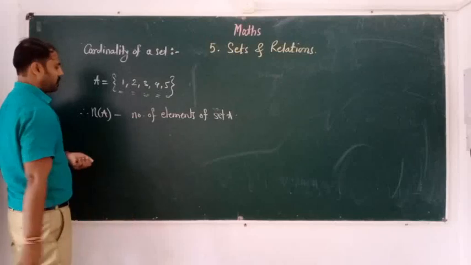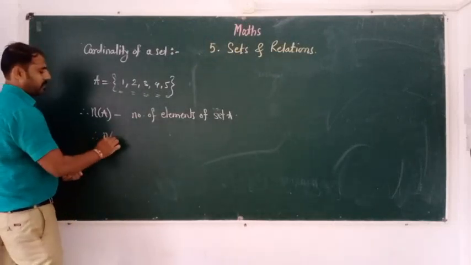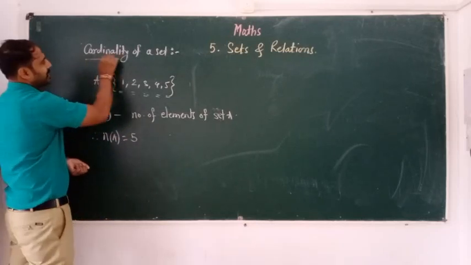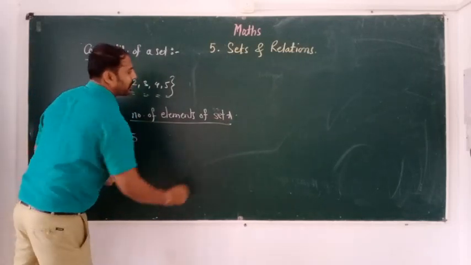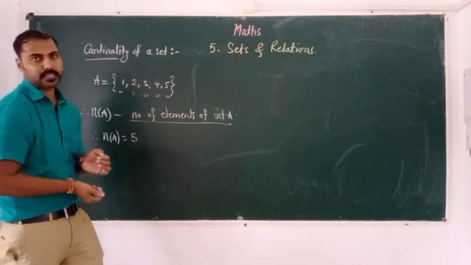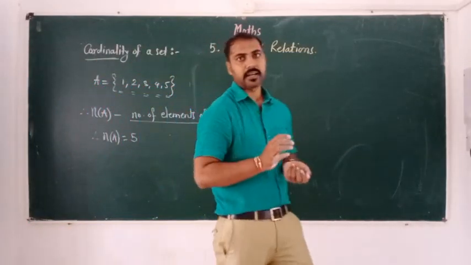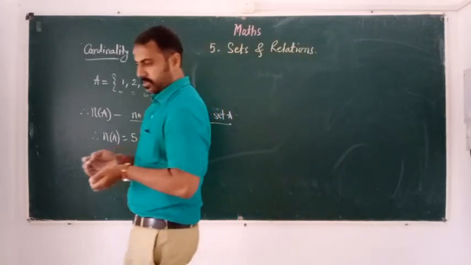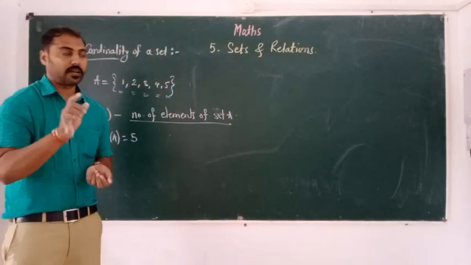There are 5 elements. So the cardinality of that set is n(A) equals 5. The number of elements of the set is called the cardinality. Okay. Now next, the next point is there are 2 nodes.